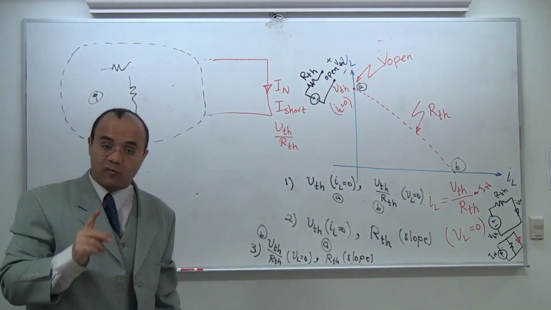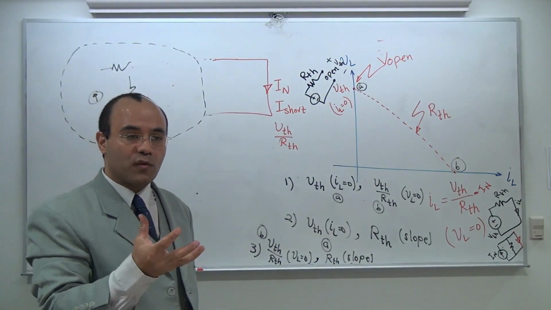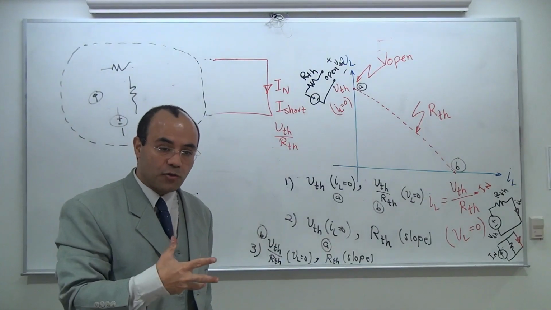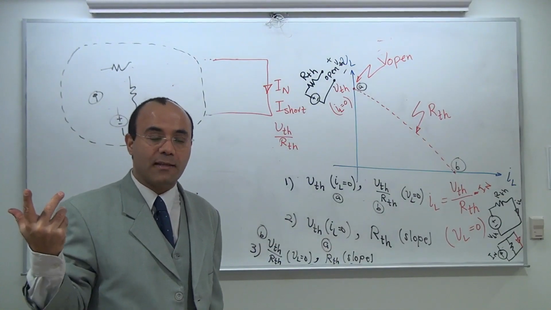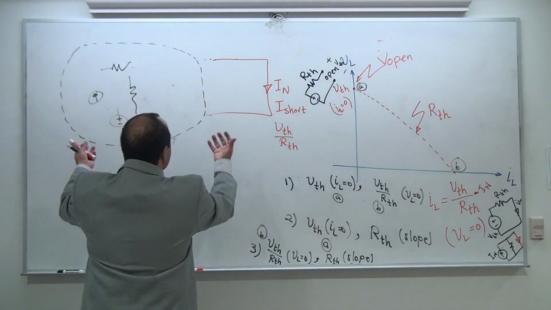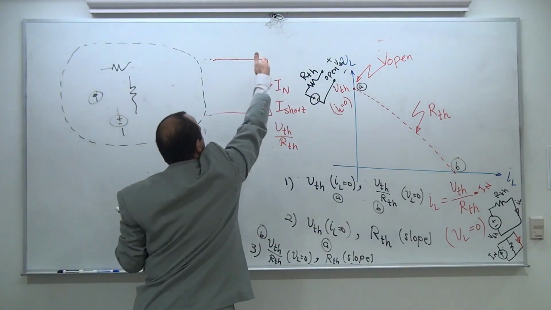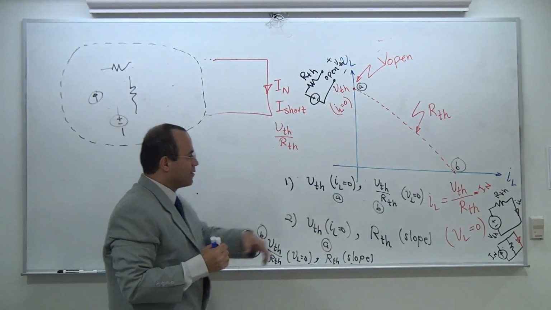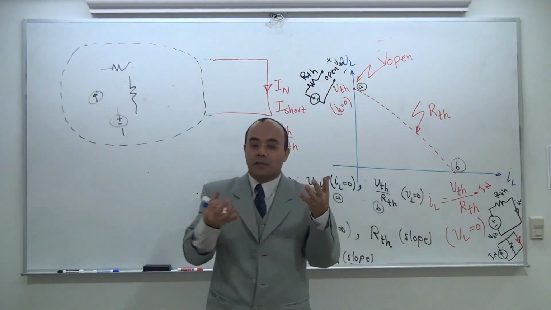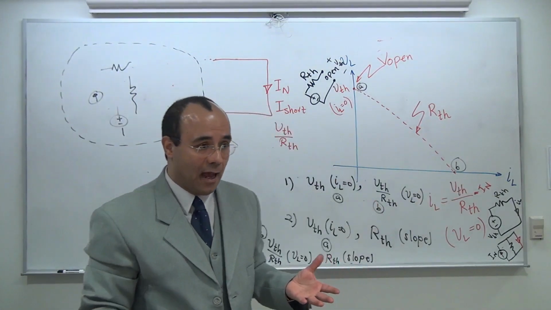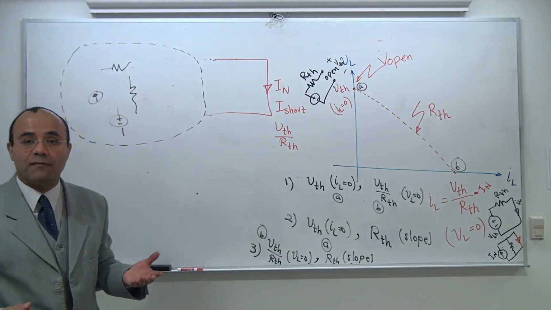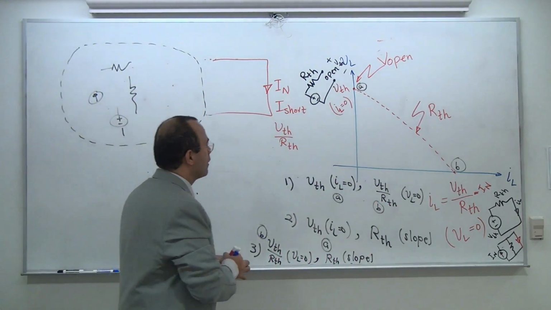Of course, you are not supposed to do that in the lab. You are not supposed to replace the load with a short wire, because obviously we don't want to burn anything. But just from a theoretical point of view, remove the load, give me a short, tell me how much that current is. That's this node. A math understanding now is beginning to manifest itself into a practical step.